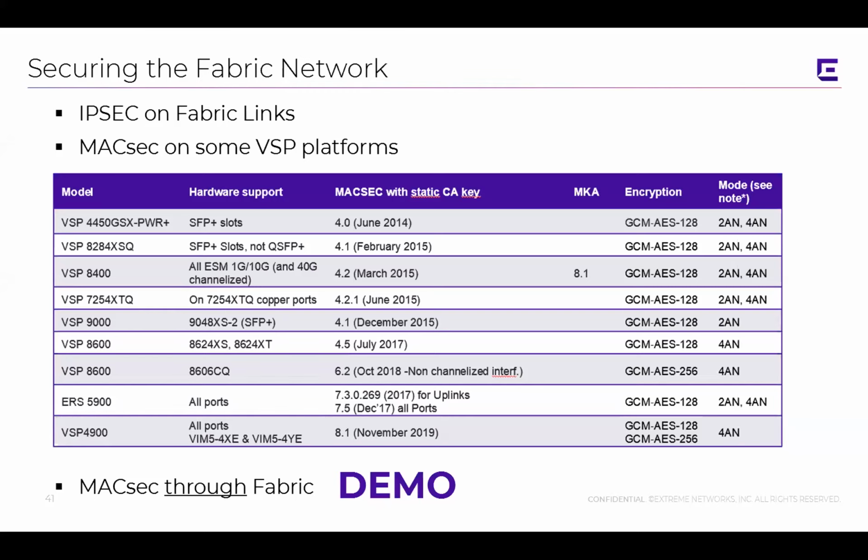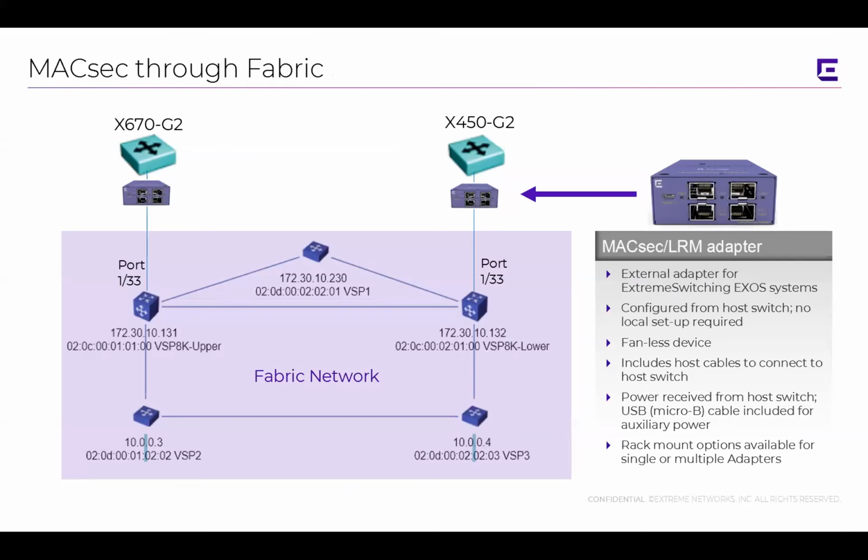So MACsec, inside the fabric, you can have something called a transparent UNI. A transparent UNI is a type of UNI, a type of connection through the fabric, somewhat similar to a pseudo wire.